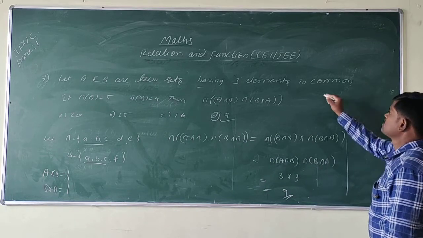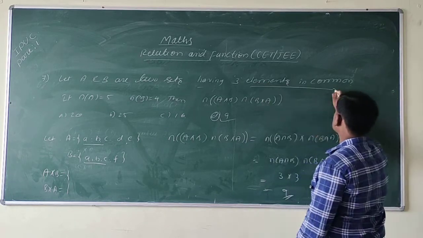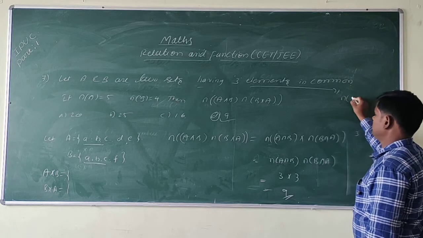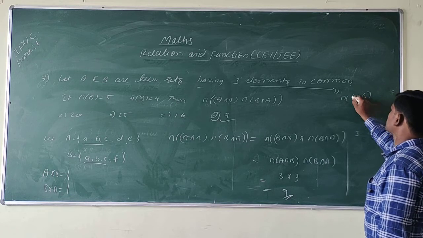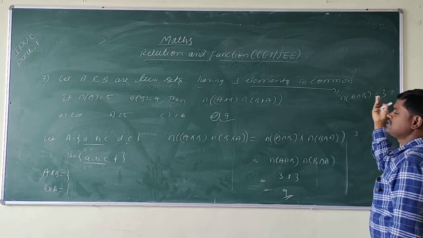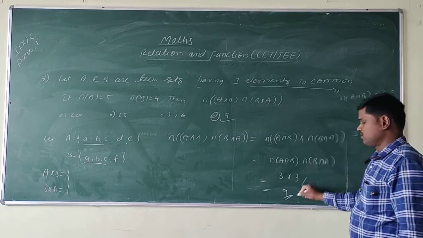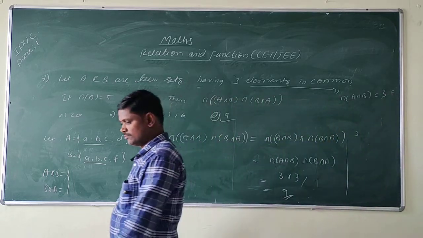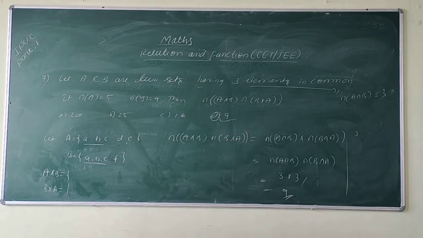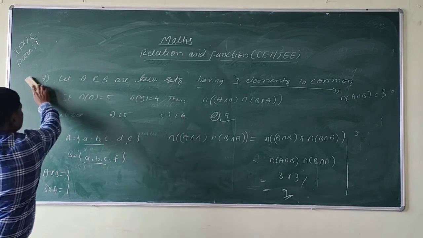B intersection A is also the same. So that is 3 into 3, you get 9. Next, question number 8.